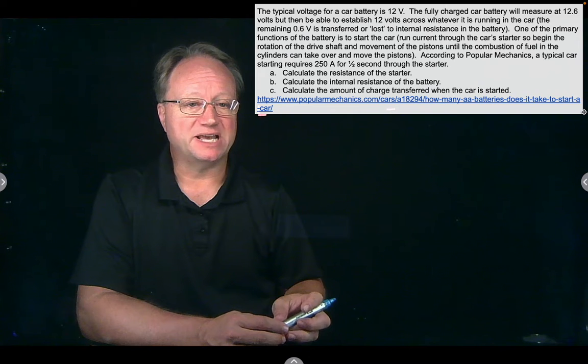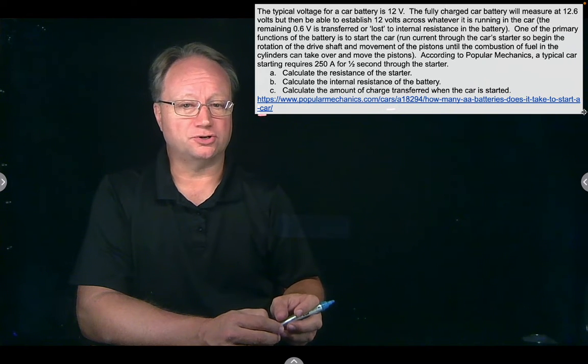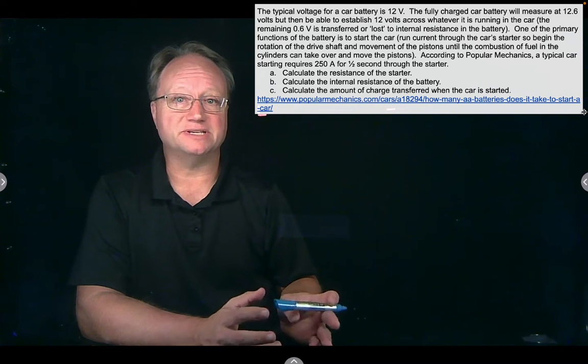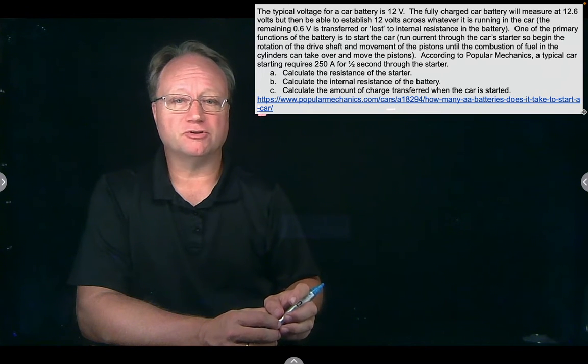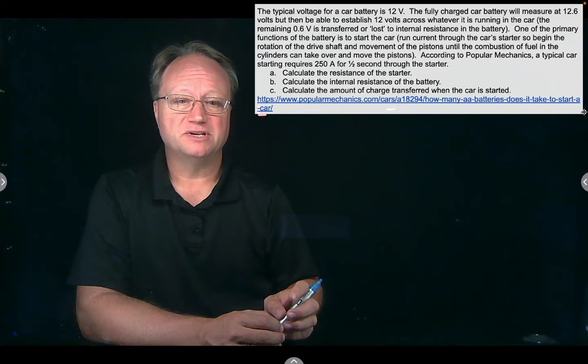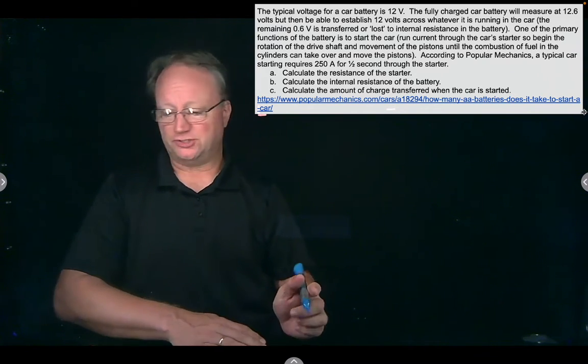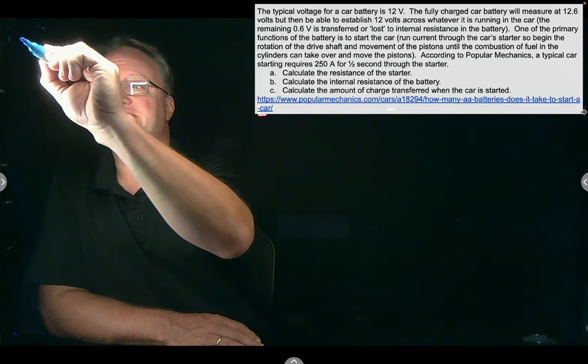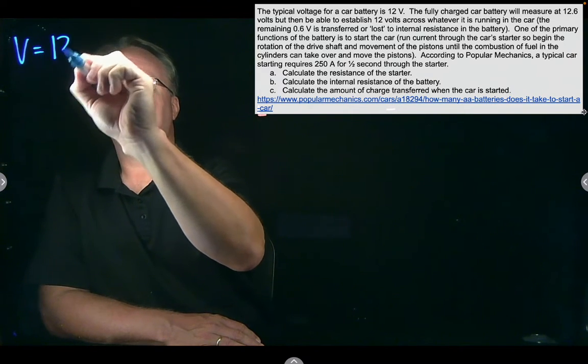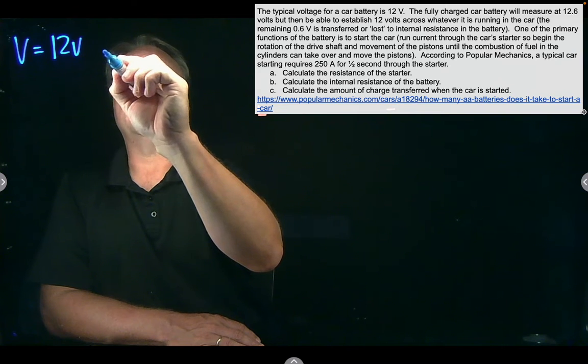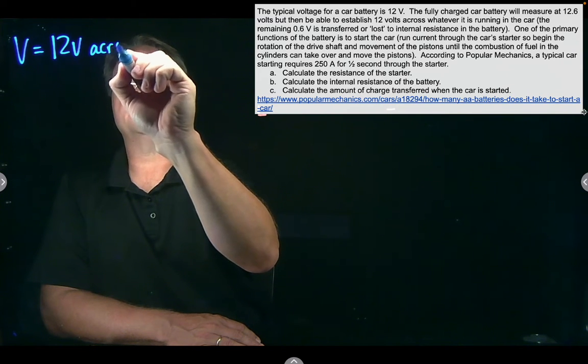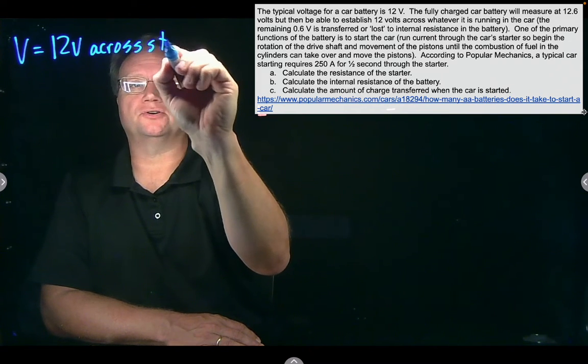According to Popular Mechanics, a typical car starter, which is the predominant thing that your battery is used for, requires 250 amps for about a half a second. So then we know several different things. 12 volts, and that's what is established across the starter.